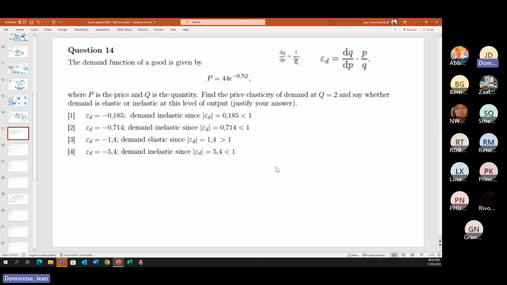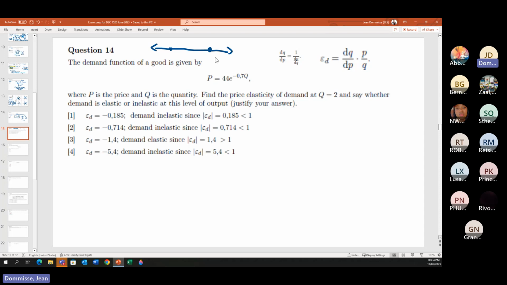But the first thing that I normally do is I draw a diagram, and nearly from a definition in chapter 3 or 4, I think they told us if it is bigger than 1, it's elastic.